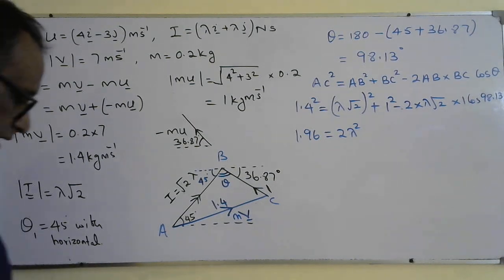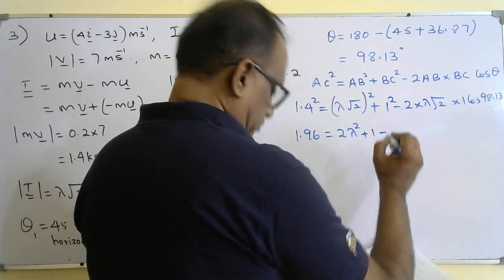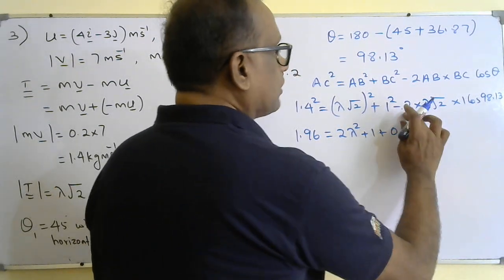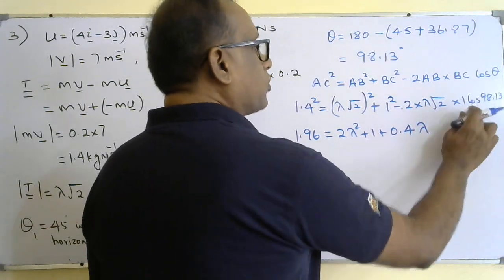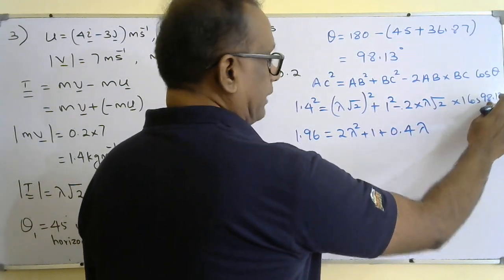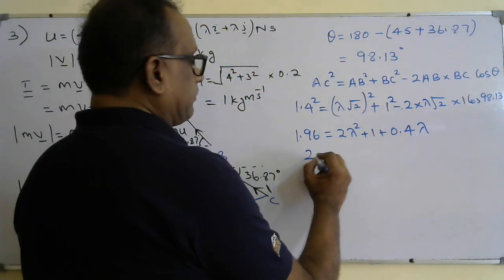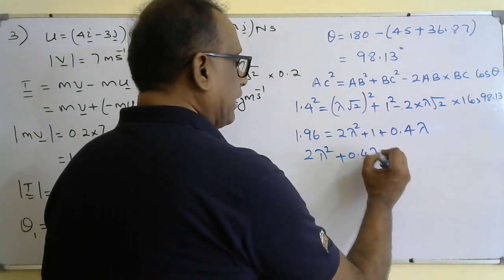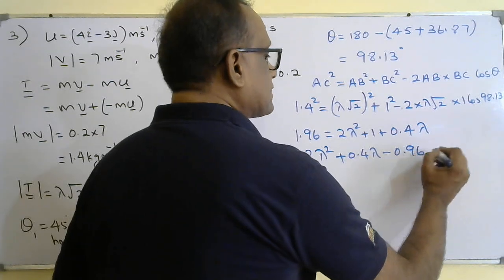You will get 1.96 equal to 2 lambda squared plus 1 plus 0.4 lambda. If you solve these things, 2 into lambda root 2 into cos 98.13, you will get 0.4 lambda. Okay, rearrange it. So 2 lambda squared plus 0.4 lambda minus 0.96 equals 0.